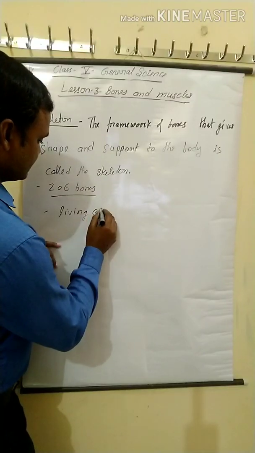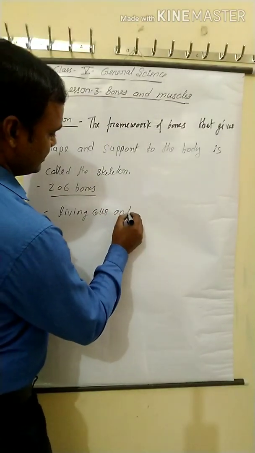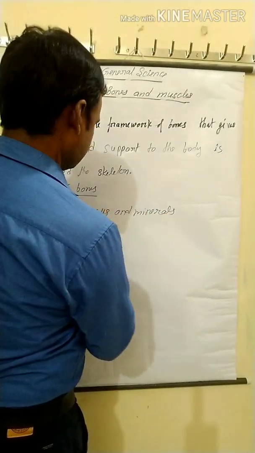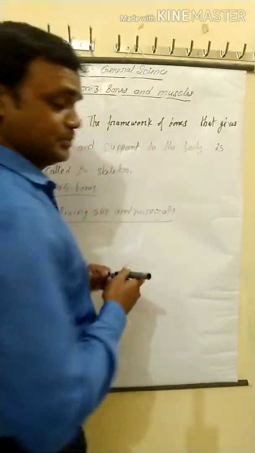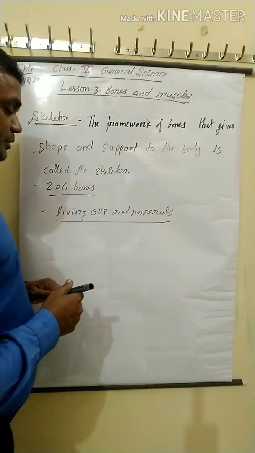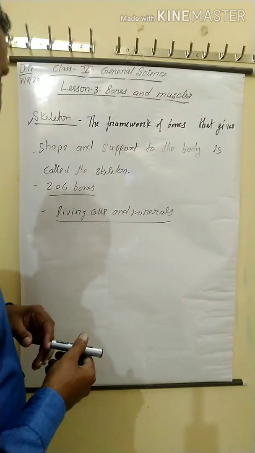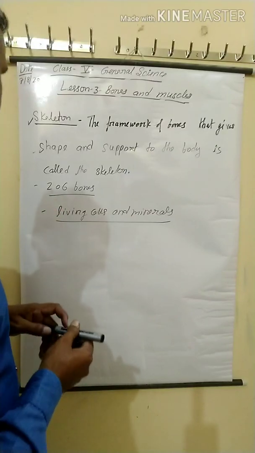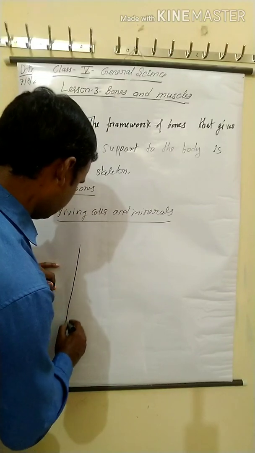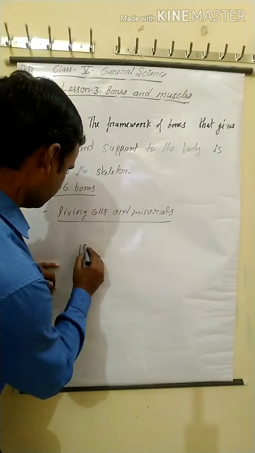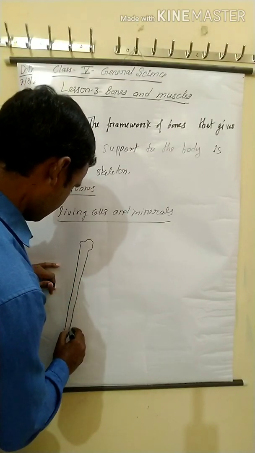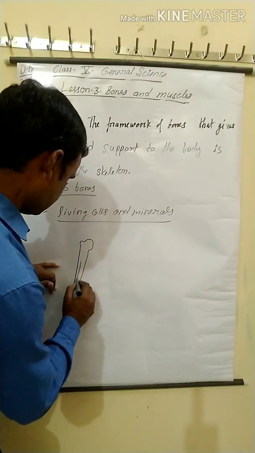Living cells and minerals, and the minerals are calcium, phosphorus, etc. And in a long bone, you know that a jelly-like substance is found. Suppose this is a long bone, and in the long bone a jelly-like substance is found.